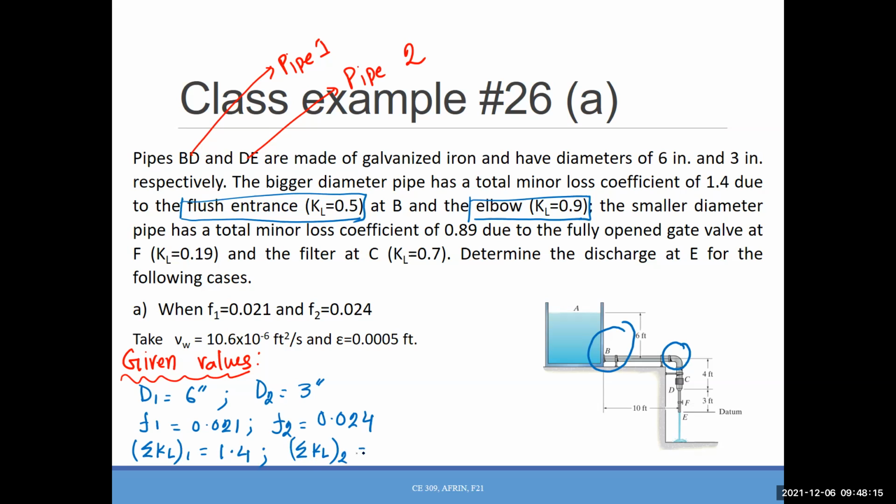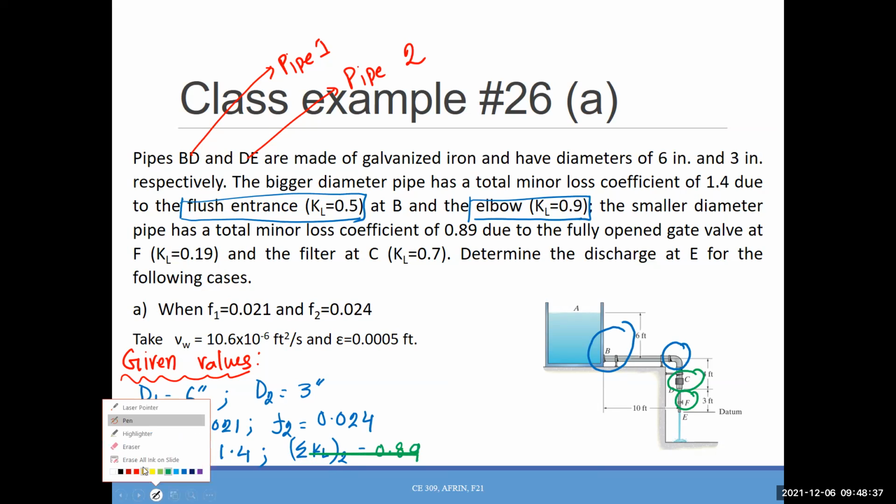And for pipe 2, we have one valve here, which is a fully open gate valve, and there is a filter. So in total, the coefficient is 0.89.